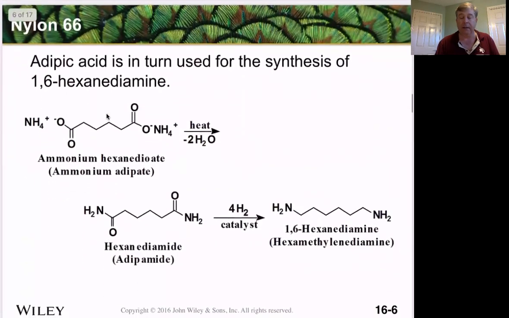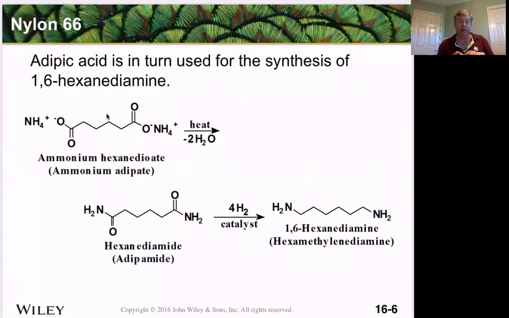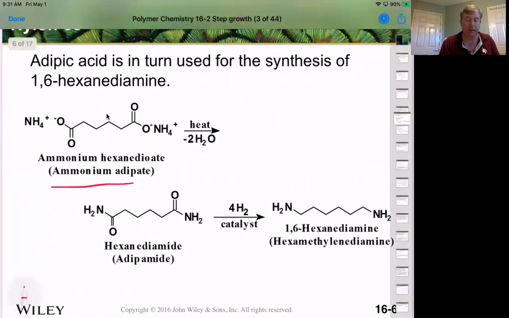Now, interestingly enough, what we do is we do a rearrangement reaction to make the diamine compound. So we take the adipic acid and make it the ammonium salt. And so we have this ammonium adipate right here. And then by heating it, we get to this diamide structure. And once we have that diamide structure, we can hydrogenate the carbonyl compounds off here.